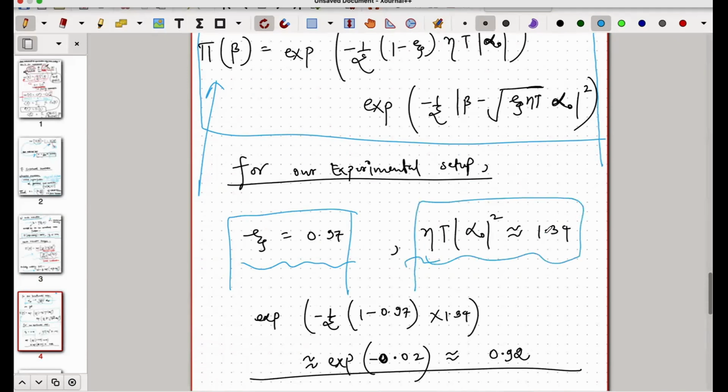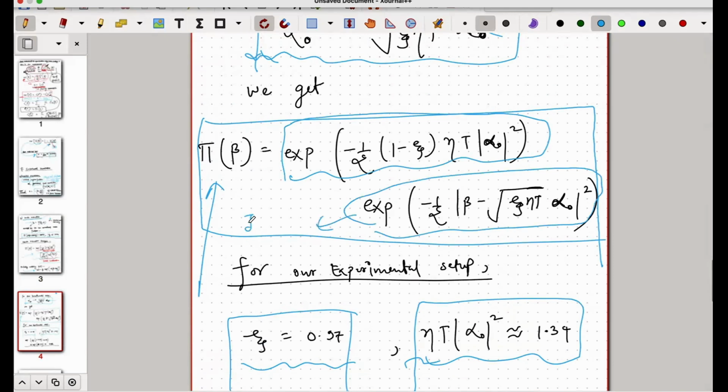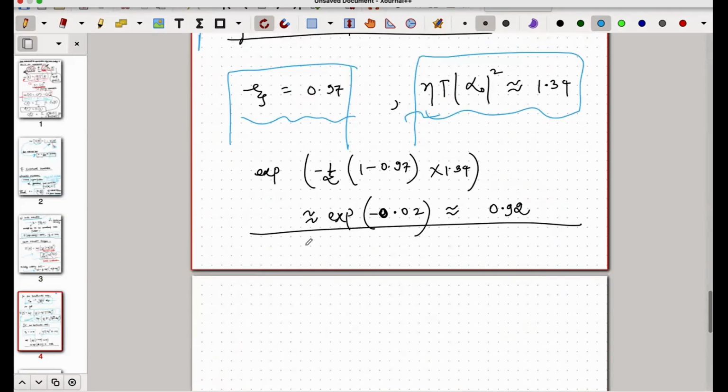This will come around 1.34. I'll put this expression here in the first part, because the second part is my ideal contribution. So I'll get the factor 0.92.